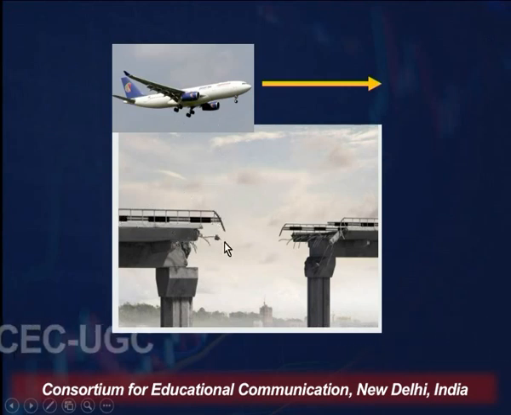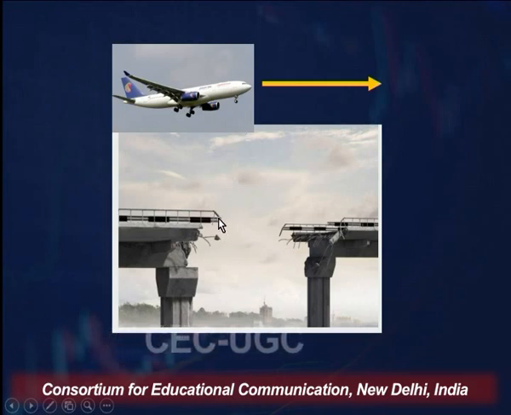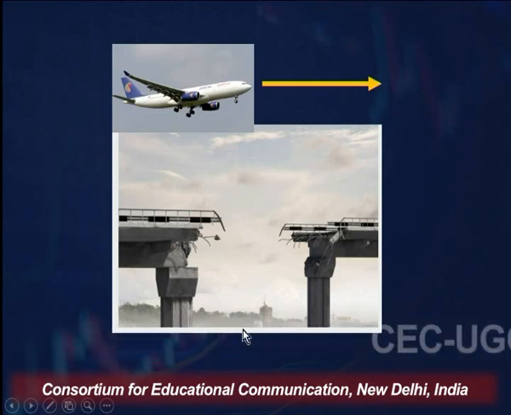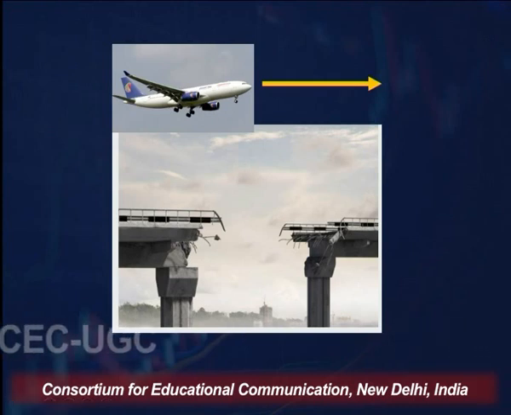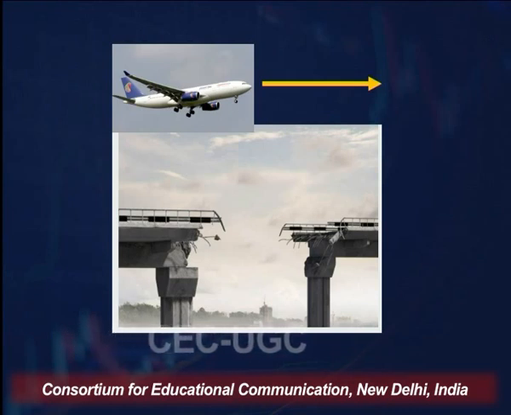But the moment the aeroplane reaches this point where the bridge is broken, the height is suddenly going to jump. It's going to jump to this entire vertical area, and let's assume the road is here at the bottom of this picture. So you can see that there is a jump in the graph. So the height of the aeroplane, where we are talking of the vertical height from the bridge or the ground below, is not going to be a continuous function in this case.